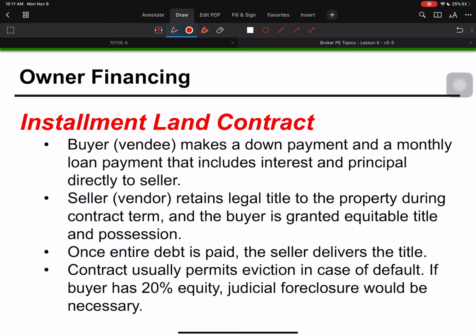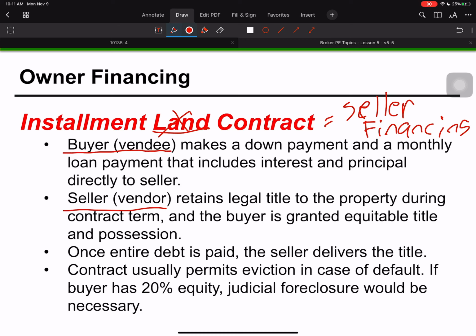Okay, installment land contracts. When we talk about installment land contracts, we're talking about seller financing. So we're not talking about land. The buyer, which is the vendee, so make sure you put that in your notes, and the seller, which is the vendor.